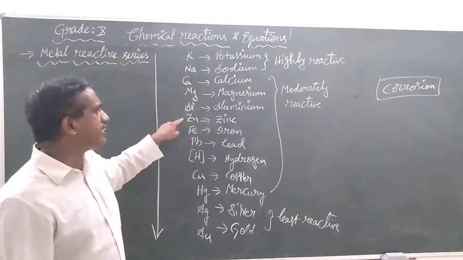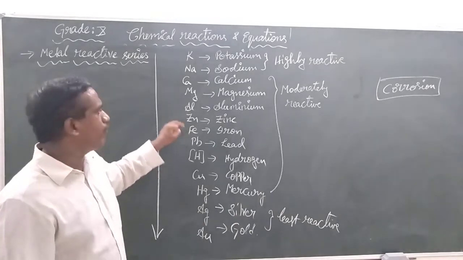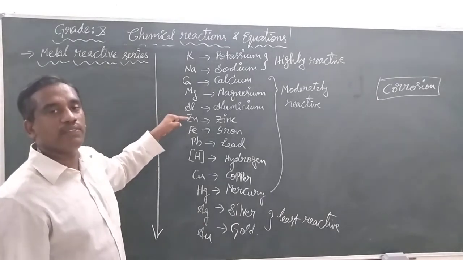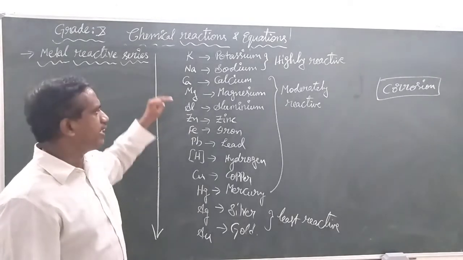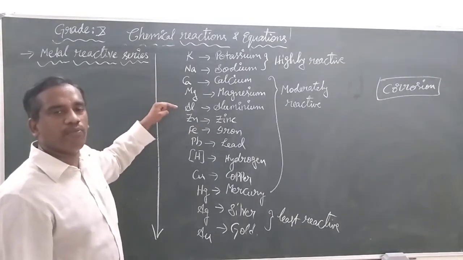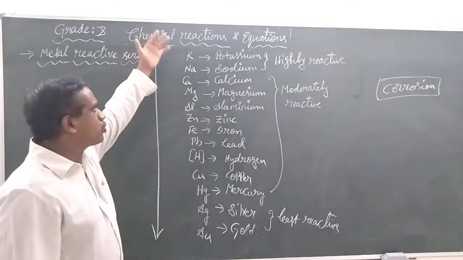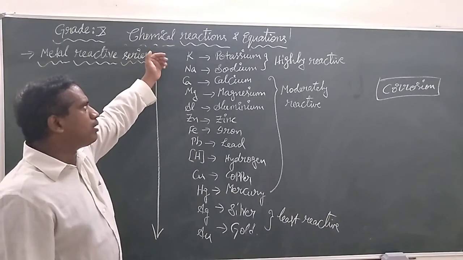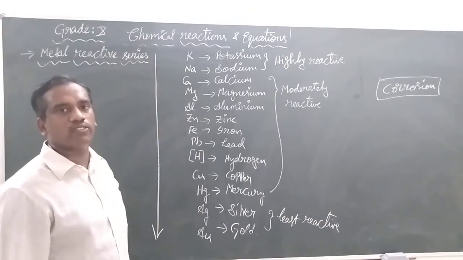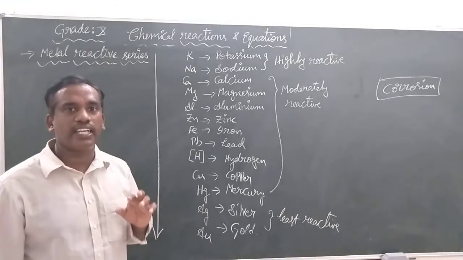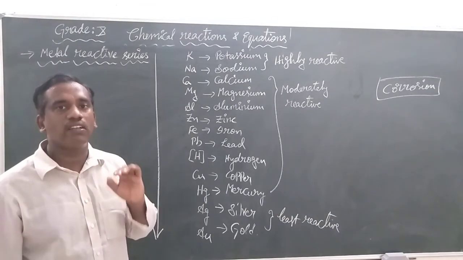If you take iron and zinc, zinc is more reactive than iron. Among zinc and aluminum, aluminum is more reactive than zinc. Among magnesium and aluminum, magnesium is more reactive than aluminum. So among all the metals in the given list, potassium is more reactive than any other metal. So it can readily react with water, or it catches fire.